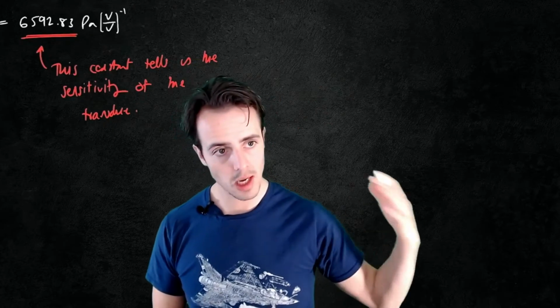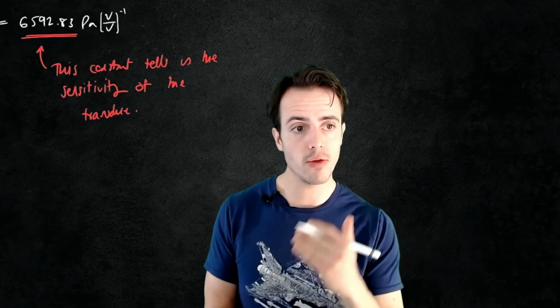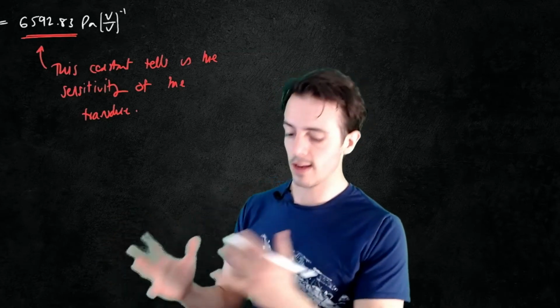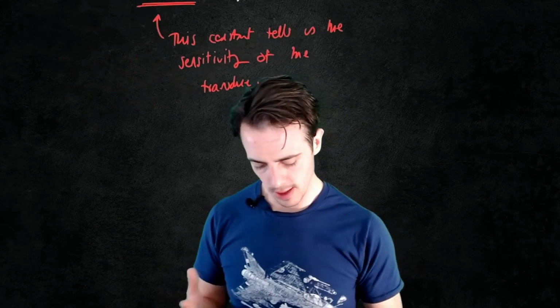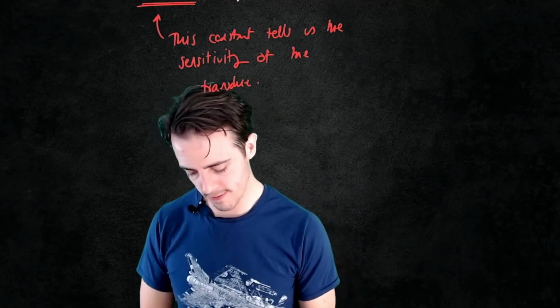Okay, but we don't quite know how to relate that to an absolute value yet, because we don't know what the transducer thinks a 0 is on a particular day or in a particular setup. So let's talk about what that really means and how we interpret it and how we utilize that fact.